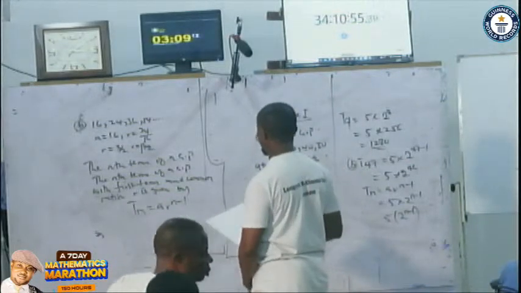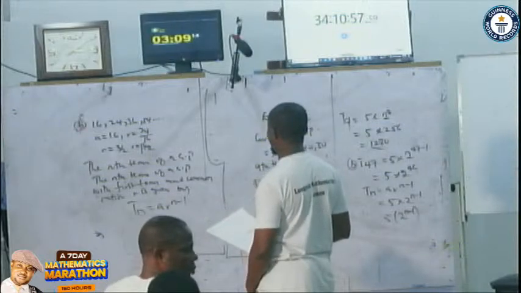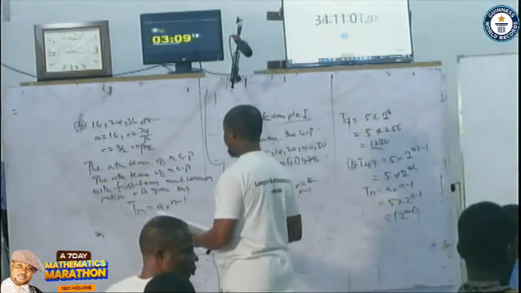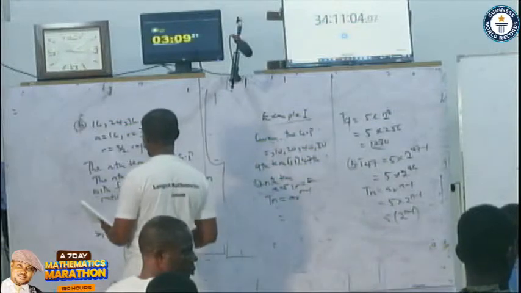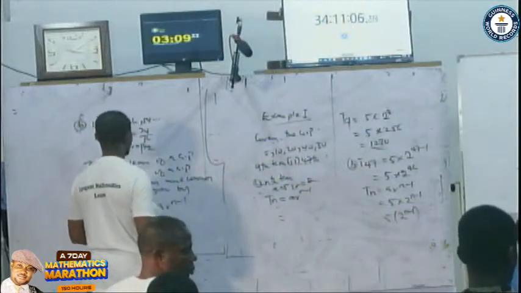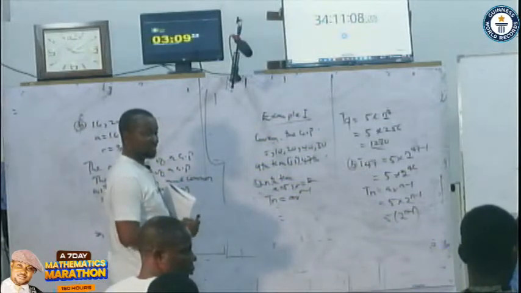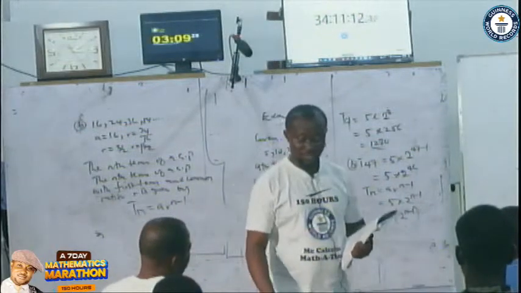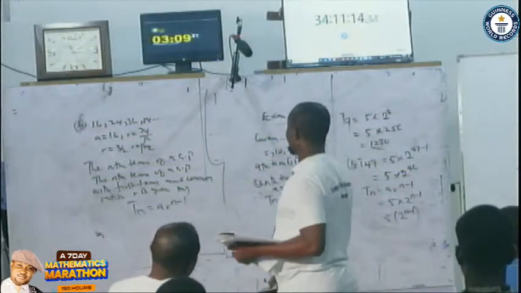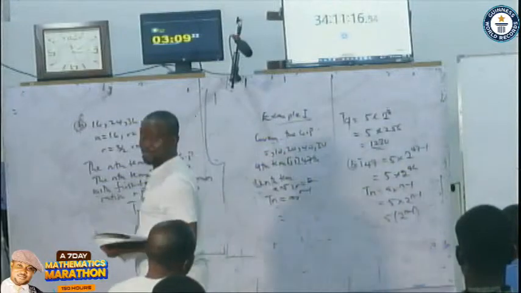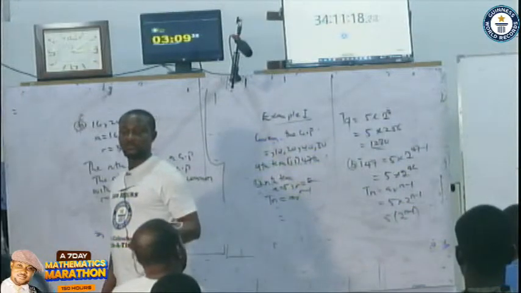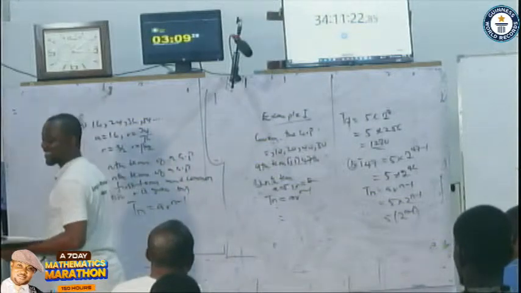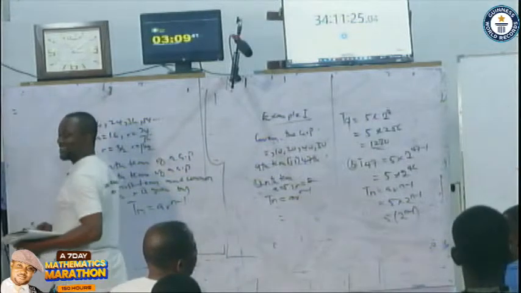Now the nth term of a GP with first term a and common ratio r is given by that. So let's see how we can finish at least before 6 o'clock we can leave.